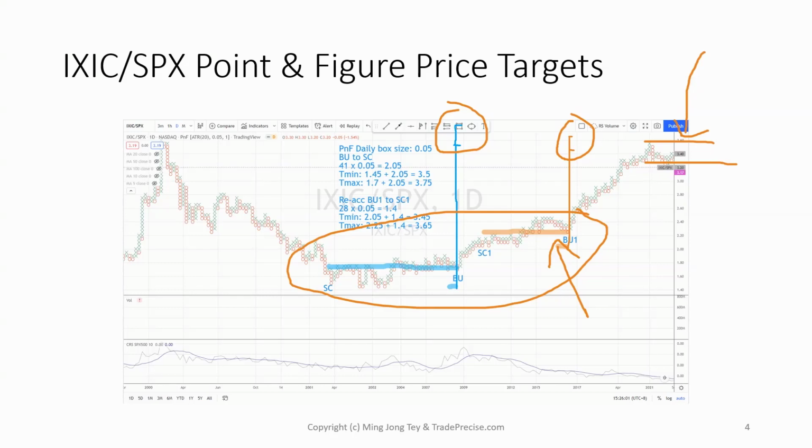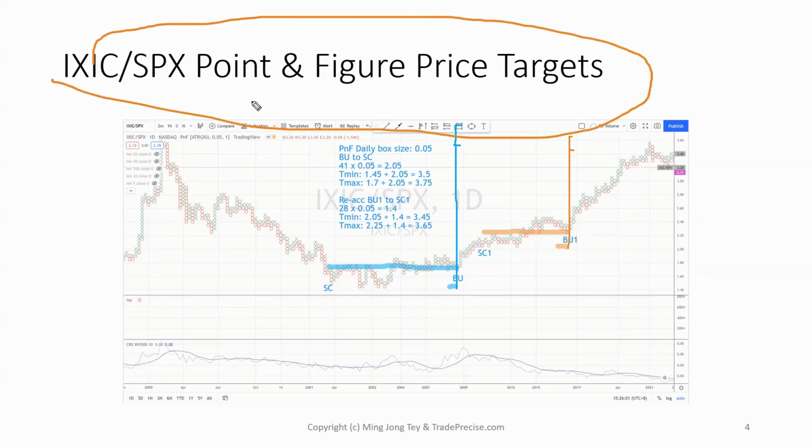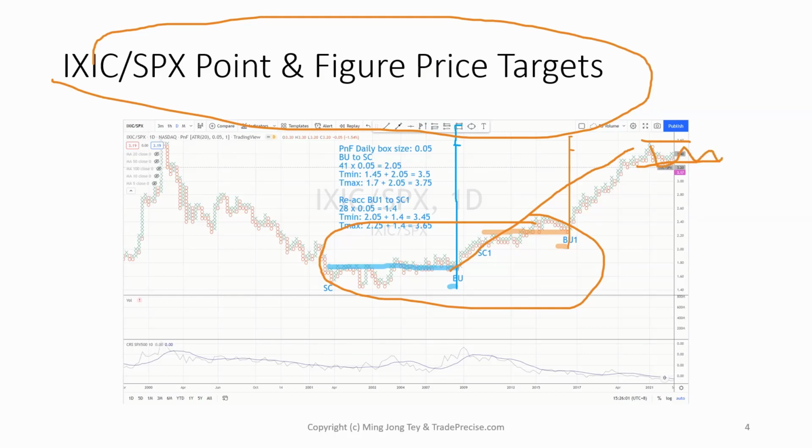I can't be too biased to one side. But so far from the point and figure target, I know that the fuel in the tank has been consumed, so the target has been reached. I think the best case from here on is some kind of trading range.